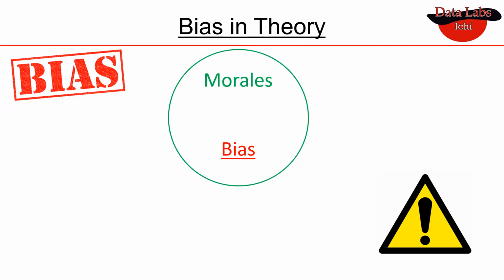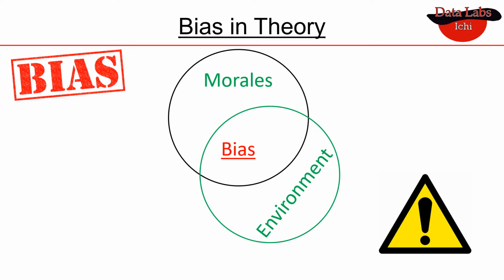So morals are one of the first influencers of our bias. Everyone has their own set of morals. It doesn't matter where you got them or how you accrued them. Just know that everyone has their own set of morals. Everyone's environment is different. Our environment heavily influences the way we think about certain things, right?